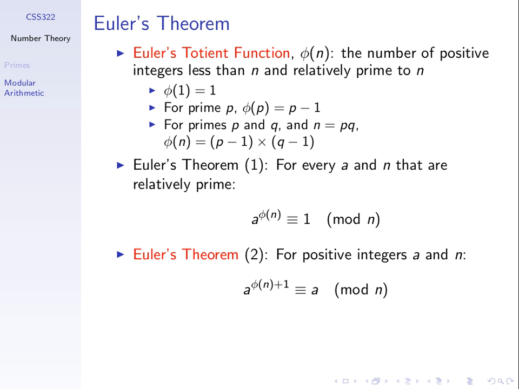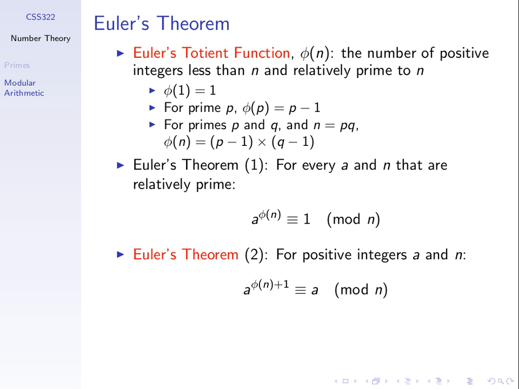That is, the answer is all the integers which are less than 5, so 1, 2, 3 and 4, and the count of those, that is the number of them that are relatively prime with 5. Let's say, are 1 and 5 relatively prime? Yes, because the greatest common divisor of 1 and 5 is 1.